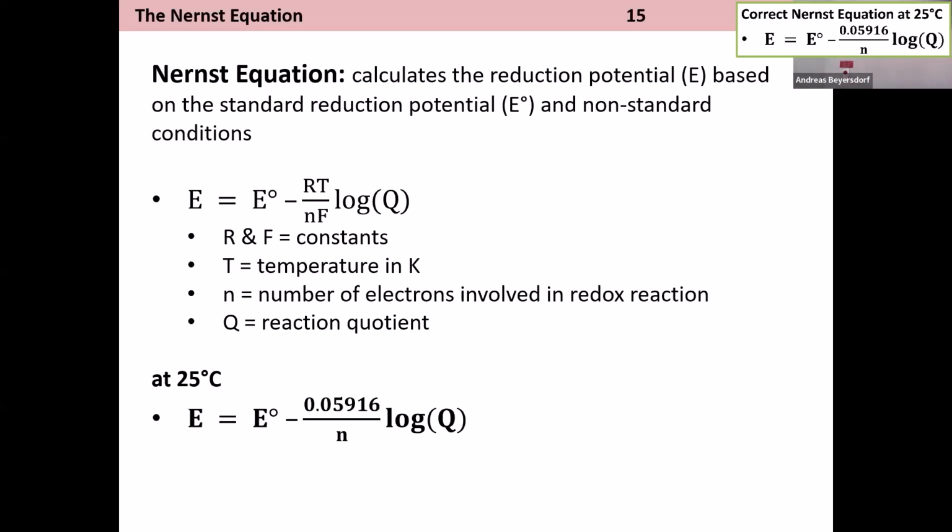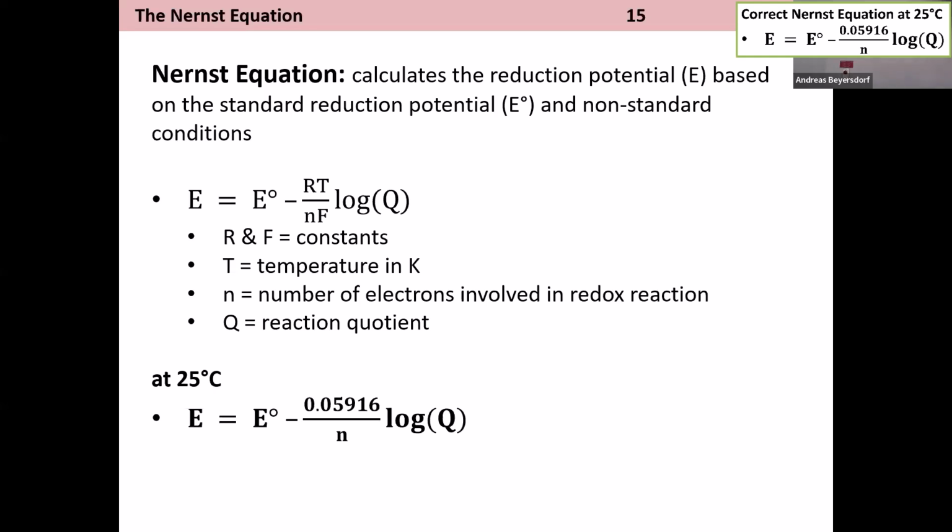And remember Q is from our equilibrium constant, or our reaction quotient. If we're at 25 degrees Celsius, so I plug in 298.15, we get that E equals E naught minus 0.05916 over N. So I plugged in for R and F, which are constants.